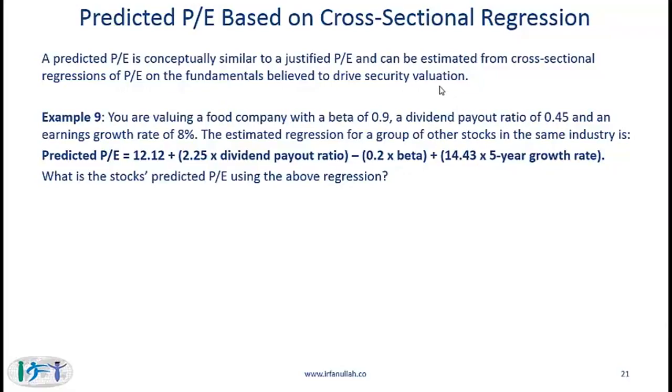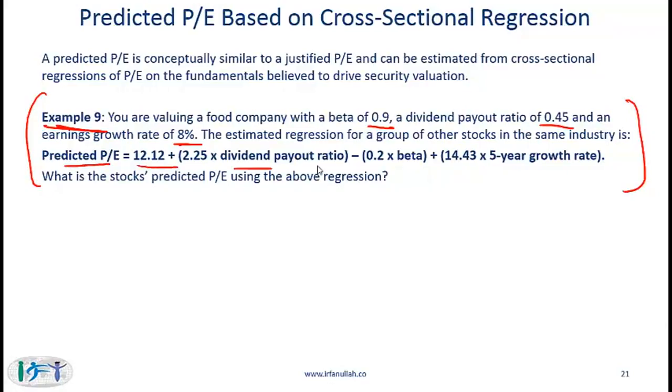This might seem a little complicated, but at least what you need to know is not particularly complicated, and it's illustrated in example 9. You are valuing a food company with a beta of 0.9, a payout ratio of 0.45, and an earnings growth rate of 8%. So you are given the fundamentals of your particular target company, which you are valuing. The estimated regression of a group of other stocks in the same industry is given by this equation.